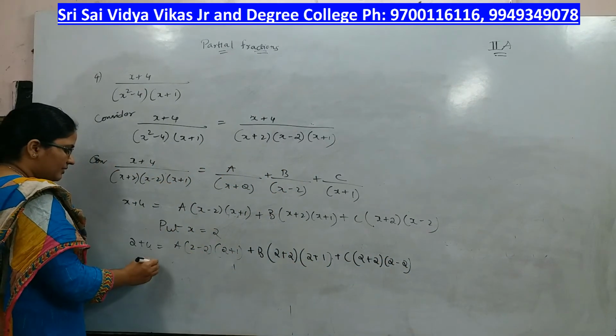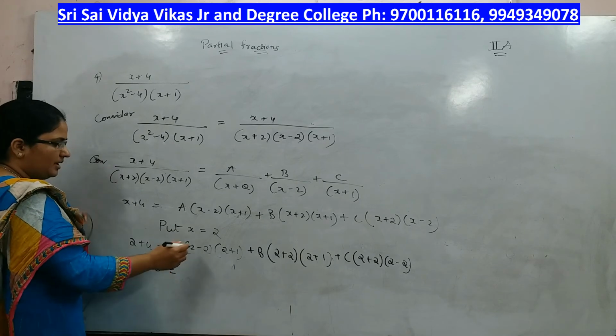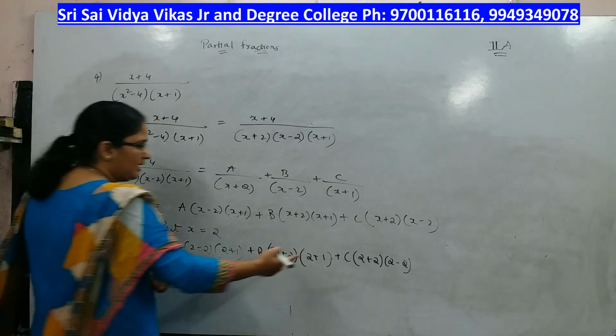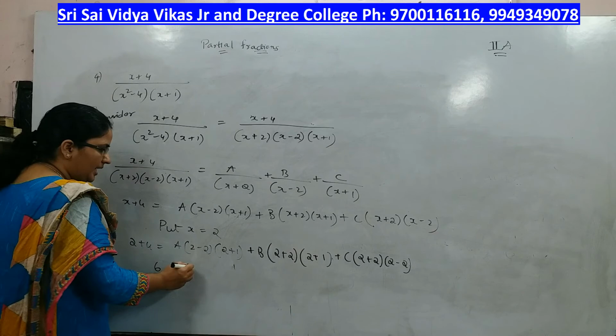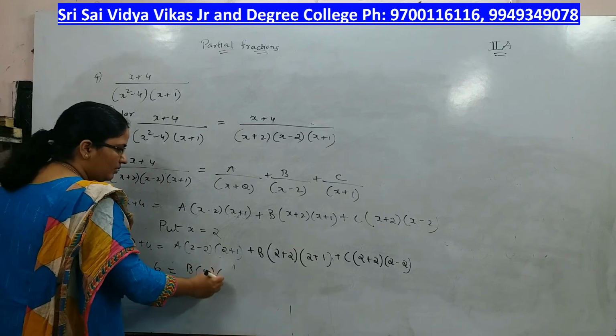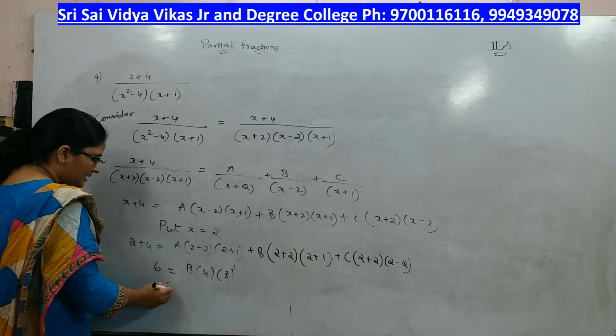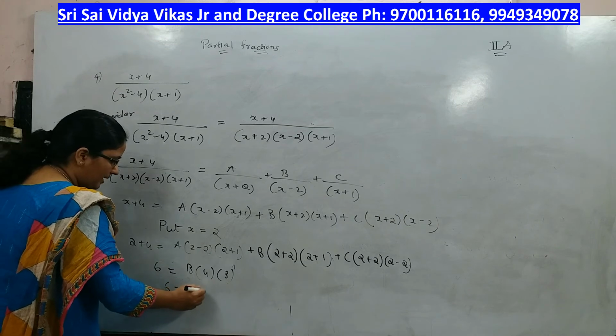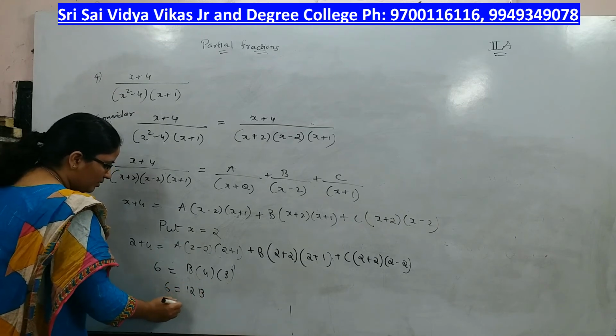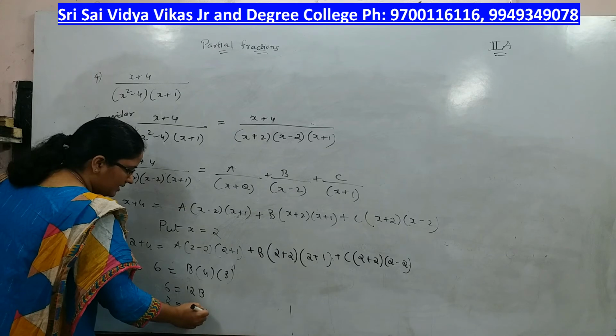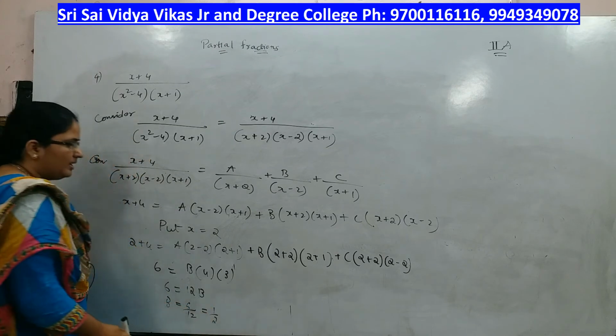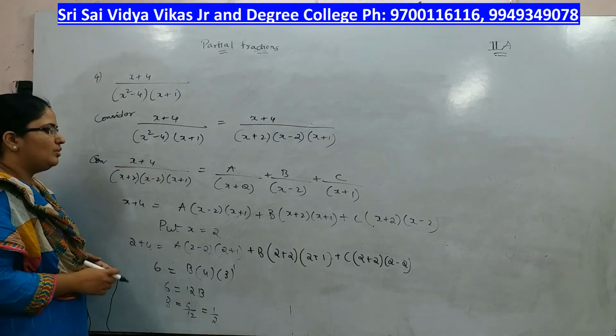So you have 2 plus 4 as 6, this will become 0, this will become 0. We will have b into 4 into 3. 6 is equal to 12b. b is equal to 6 by 12, which is equal to 1 by 2. We got the value of b as 1 by 2.